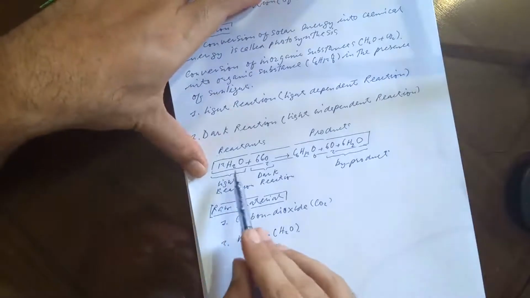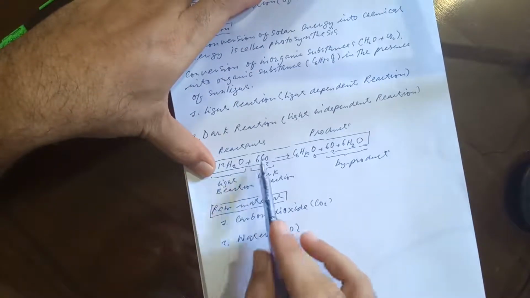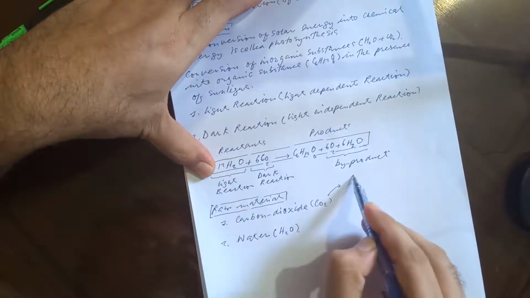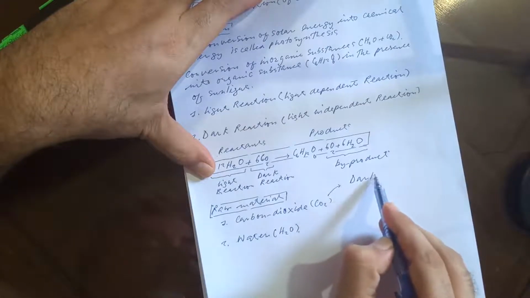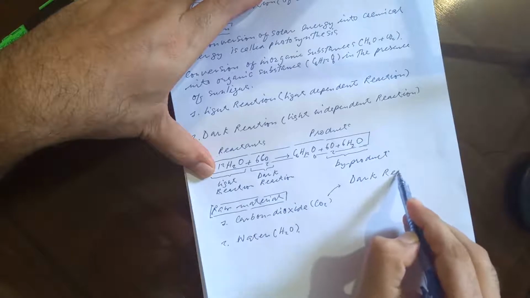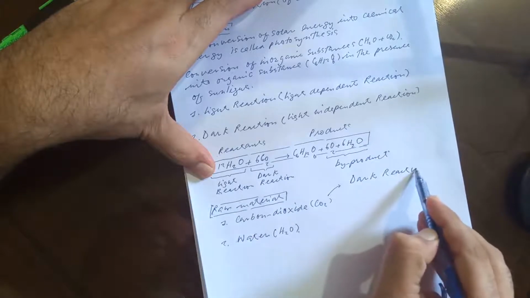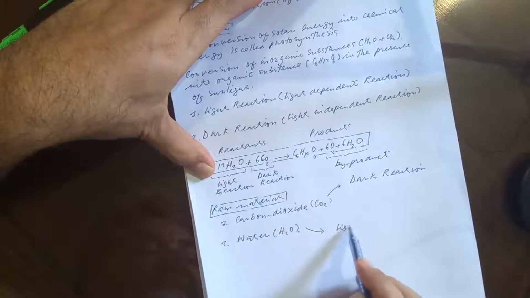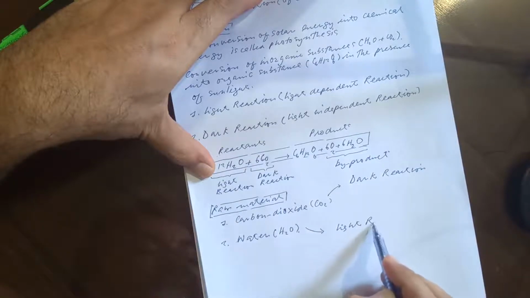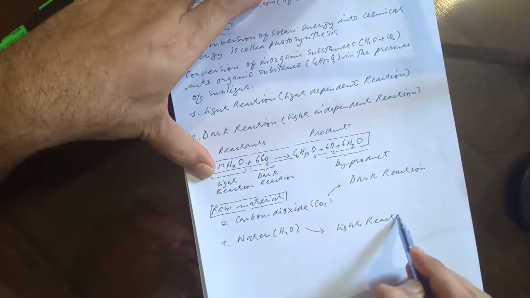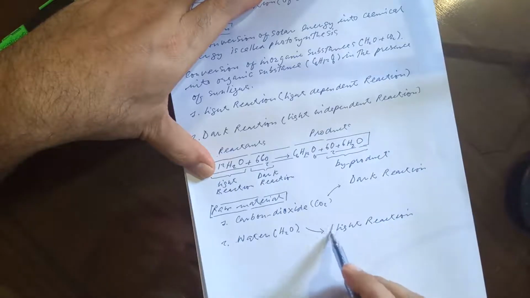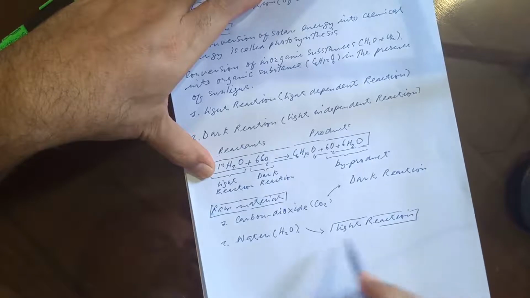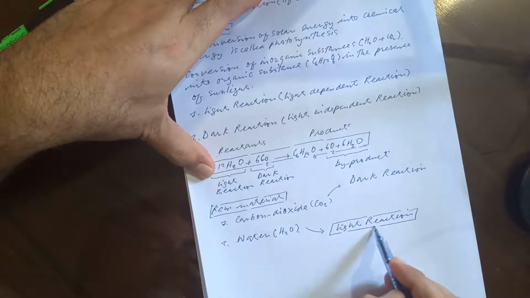So out of the two, carbon dioxide is used in the dark reaction, and water is used in the light reaction. I hope we are making sense of this whole thing here.